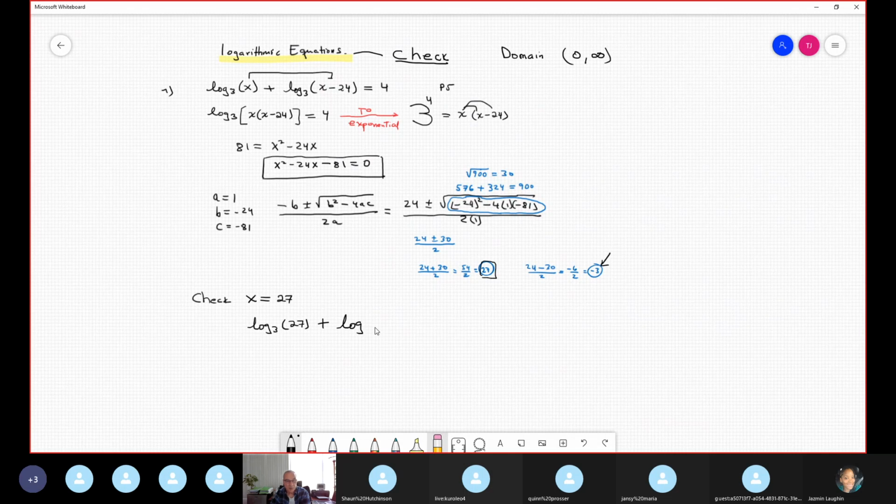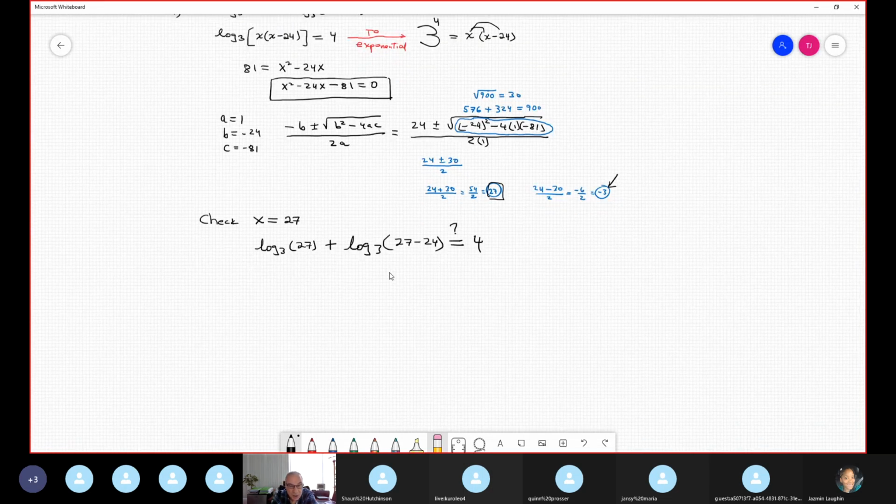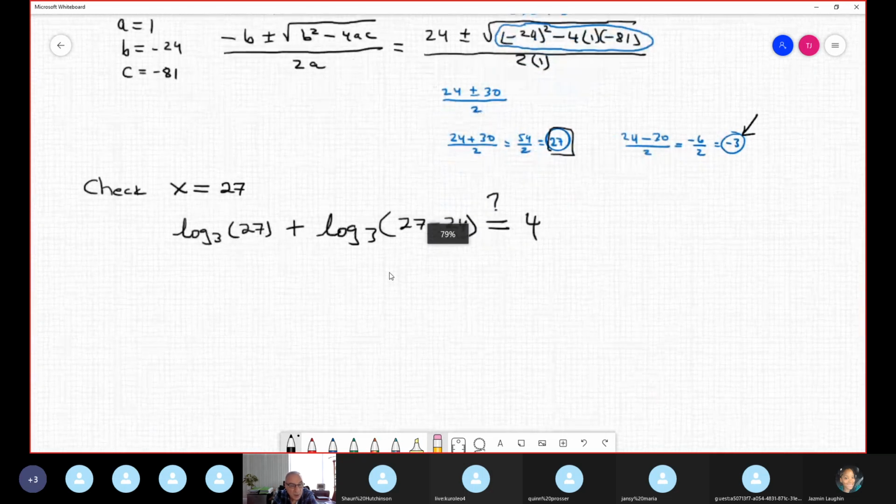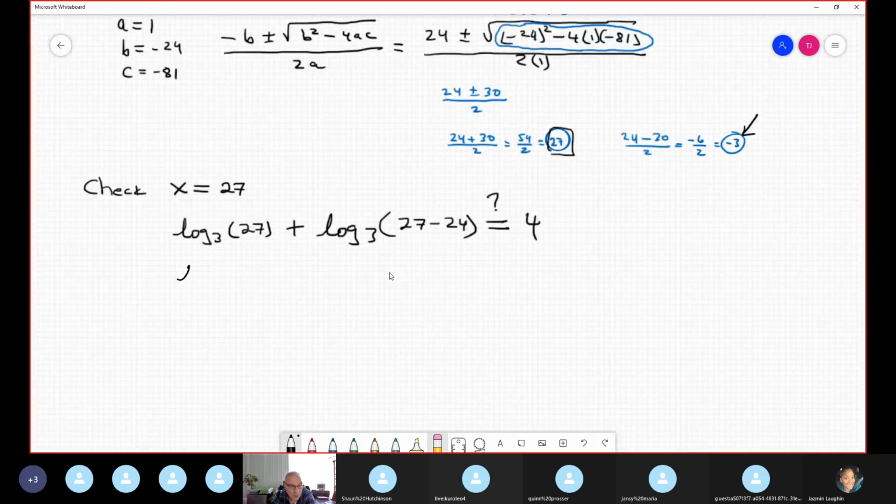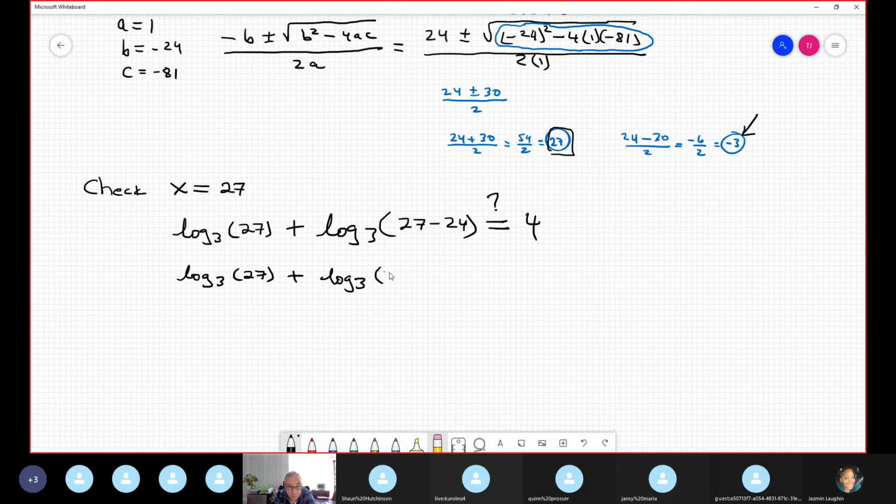Plus logarithm base 3 of 27 minus 24 should be, I claim, 4. If this statement is true, 27 is a solution. If this statement is false, 27 is not a solution. Okay? Let me try, and you help me. Bueno, logarithm base 3 of 27, I have no idea. Plus 27 minus 24 is 3. Should be 4.